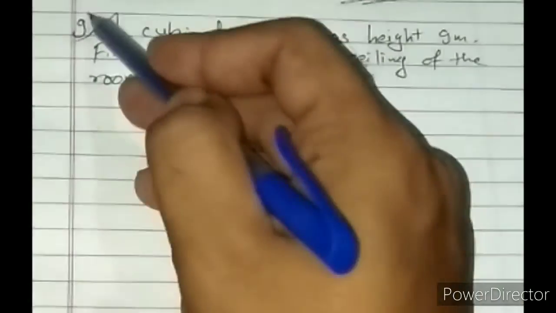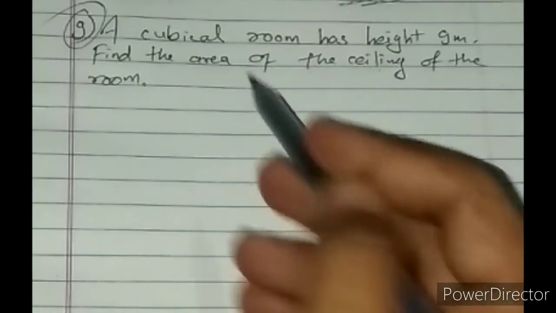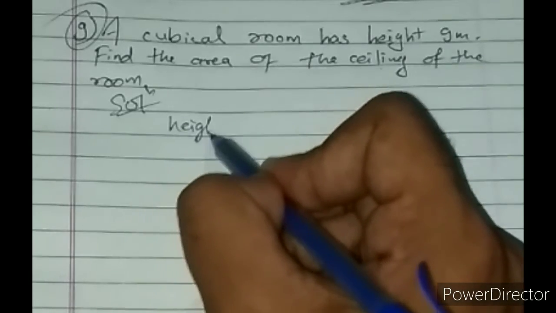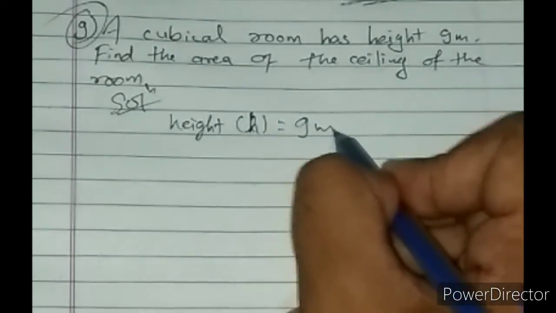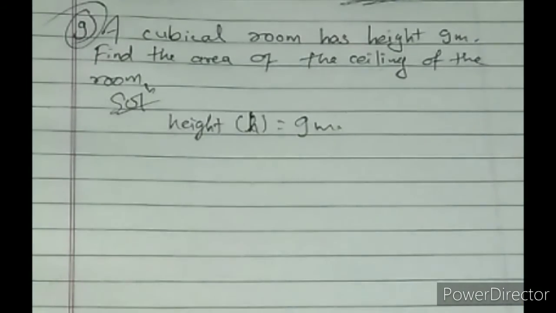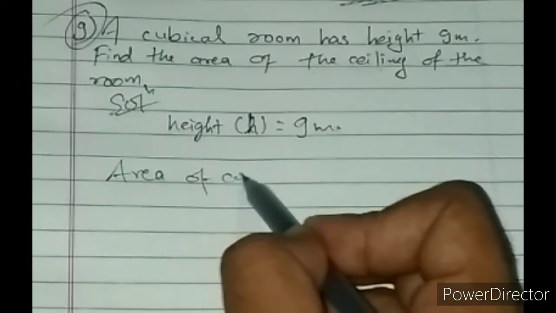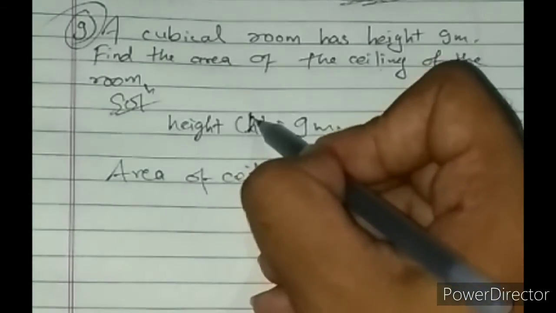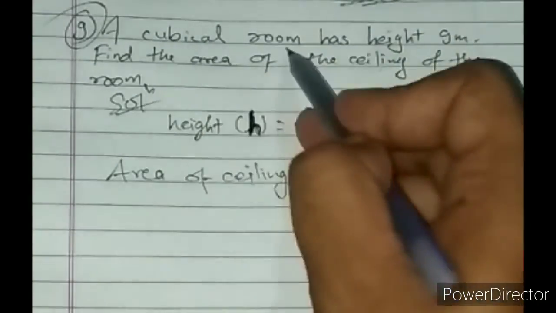Next question. A cubical room has height 9 meter. Cubical room is there, height is given 9 meter. You have to find the area of ceiling. How can we find it? Now height is given, and it is a cubical room.